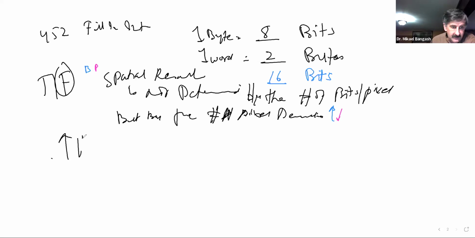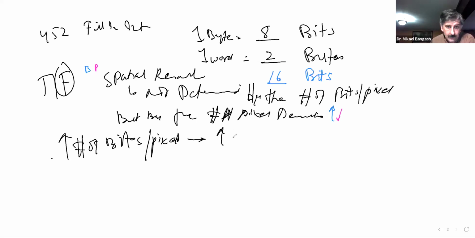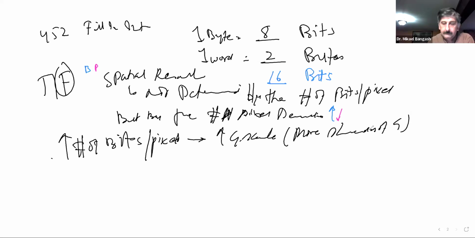So if you increase the number of bits per pixel, what is that going to do? Increase your grayscale, which means we have more shades of gray. Clear?